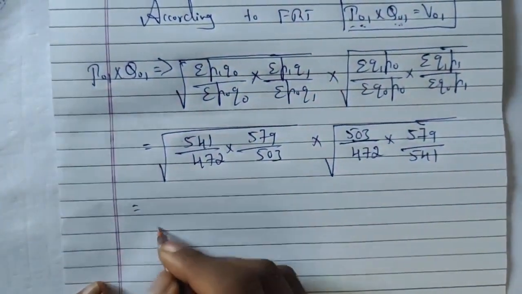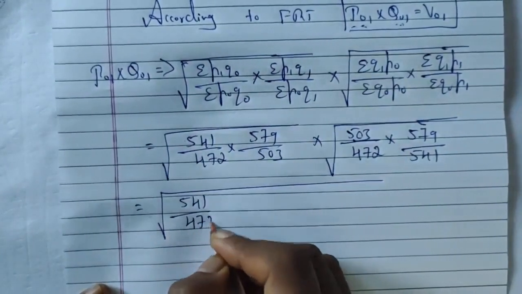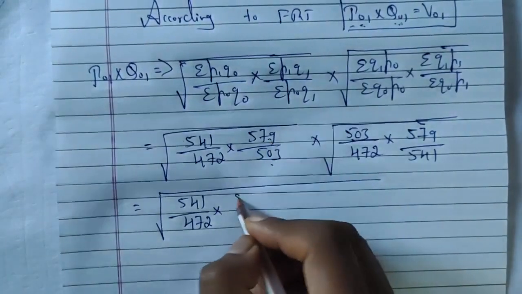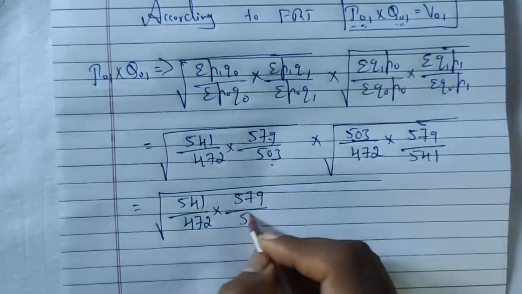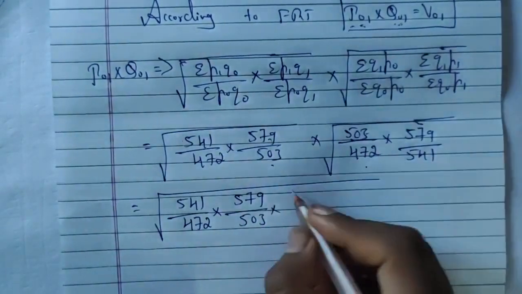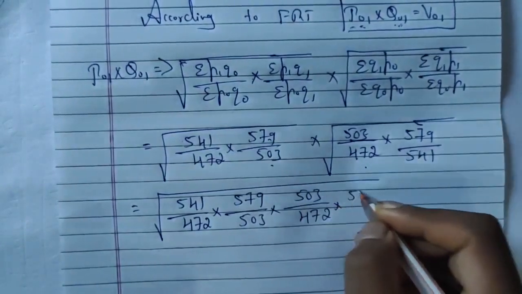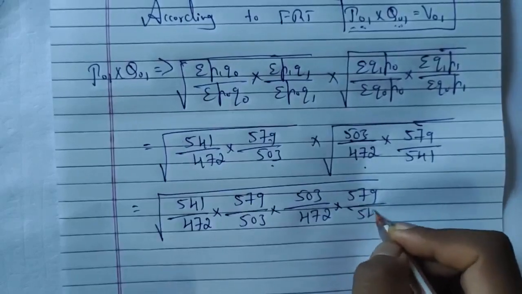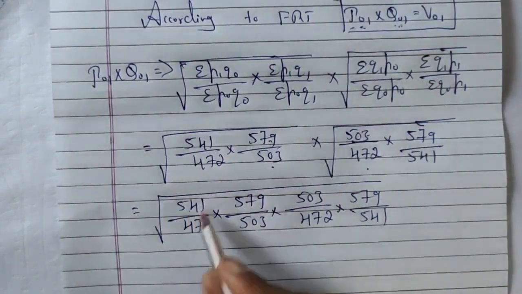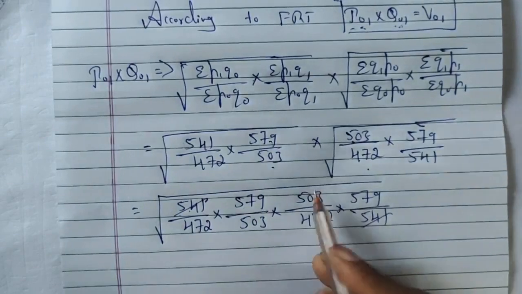Now this can be written as whole square root of 541 by 472 into 579 by 503 into 503 divided by 472, 579 by 541. Now 541 gets cancelled, 579, 503 gets cancelled.